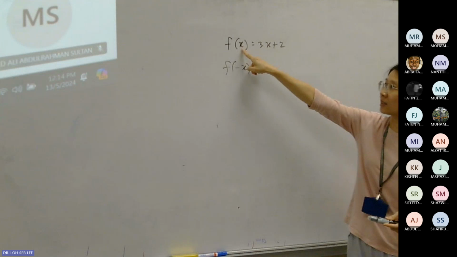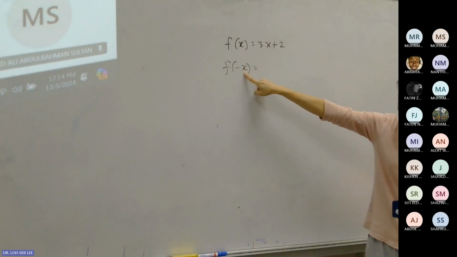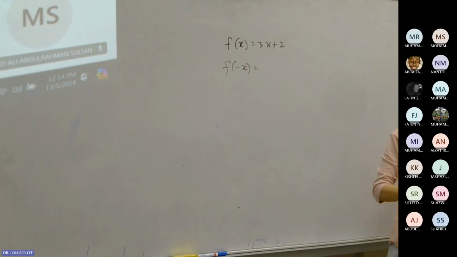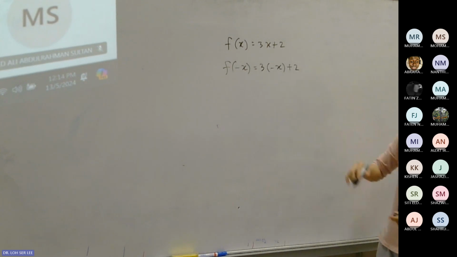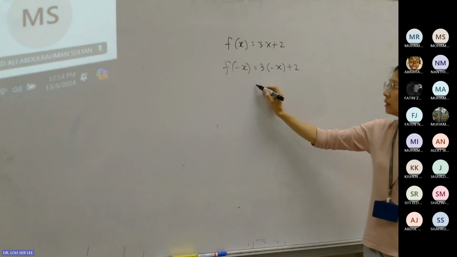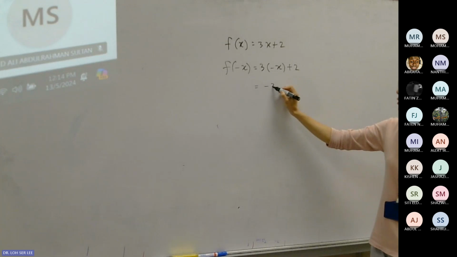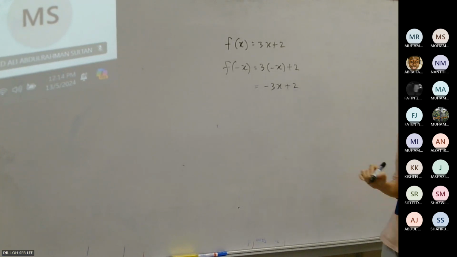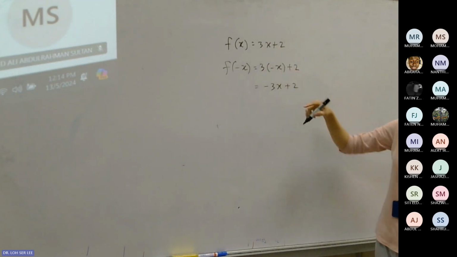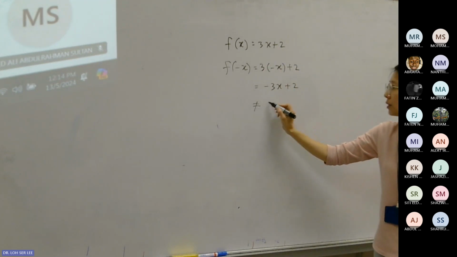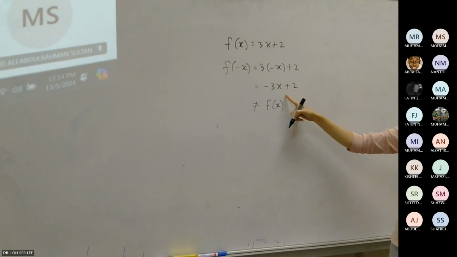So we let this x be negative x, meaning that we have to change this x to negative x as well. And when you simplify, you get this. But this is not equal to fx, right? Not the same. So that means it is not even.